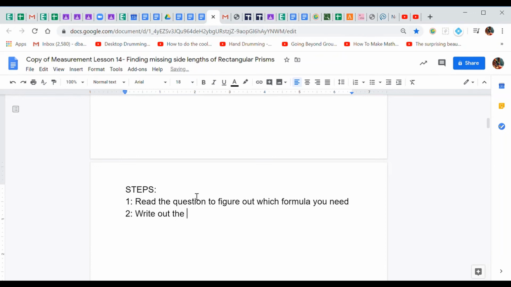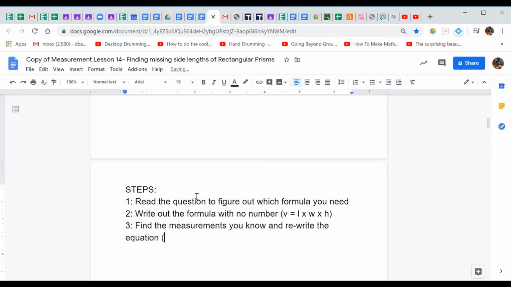2. Write out the formula with no numbers. What I mean is, for example, write V equals L times W times H. That's my example. 3. Find the measurements you know and rewrite the equation.